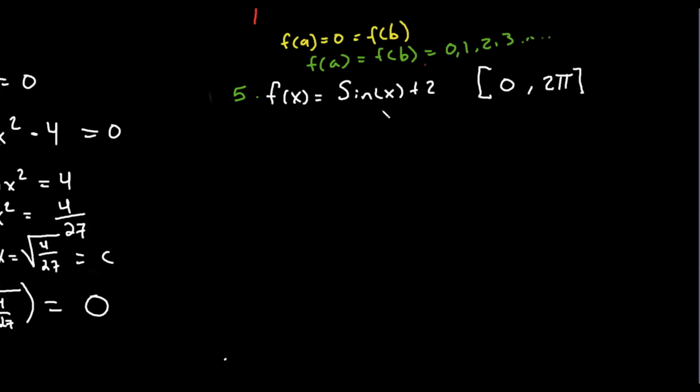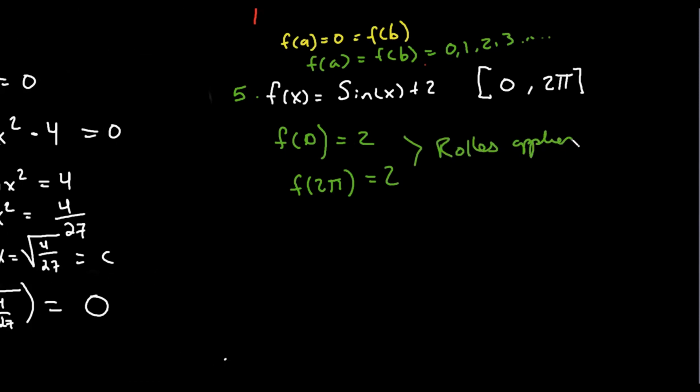We've got f of x equals sine x plus 2. If I plug in 0, we just get 2. f of 2 pi, we get 2 as well, so Rolle's theorem applies.